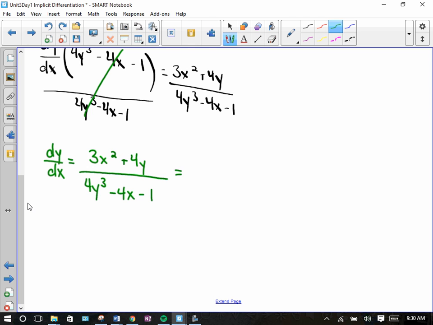So I'm going to have 3 times 1 squared. 1 squared is 1, times 3 is 3, plus 4 times 2, which is 8, divided by 4 times 2 cubed, that's 8, so 8 times 4 is 32, minus 8 minus 1 is equal to 11 divided by 32 minus 8 is 24.